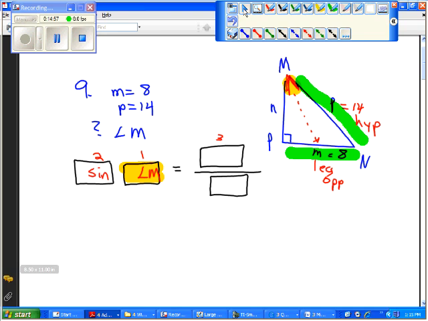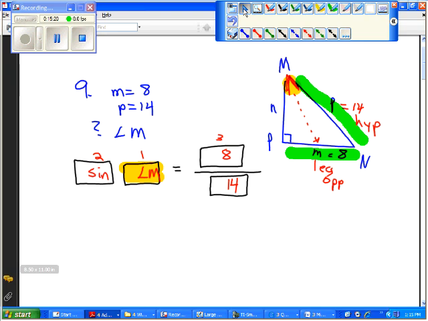So we fill in the function slot second. And then to get our ratio, we do it the way sine says to do it, and sine says to put leg opposite over hypotenuse.